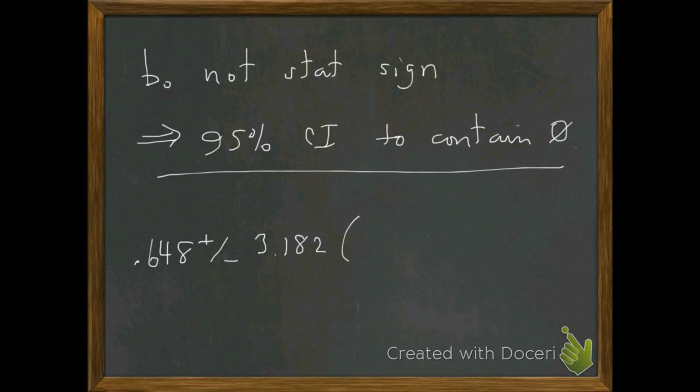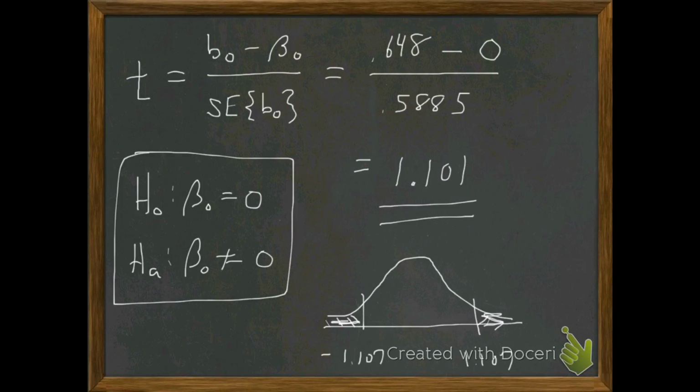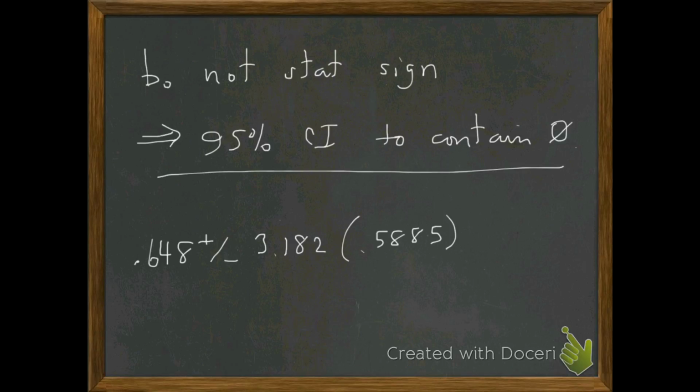Times our standard error, which is 0.5885, I think. Yeah. All right, just very quickly, so 0.648 minus 3.182 times 0.5885. Do the plus of that.